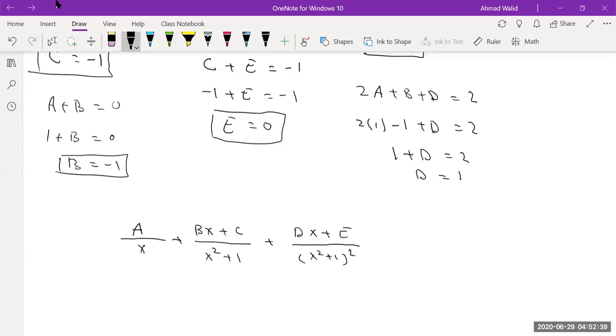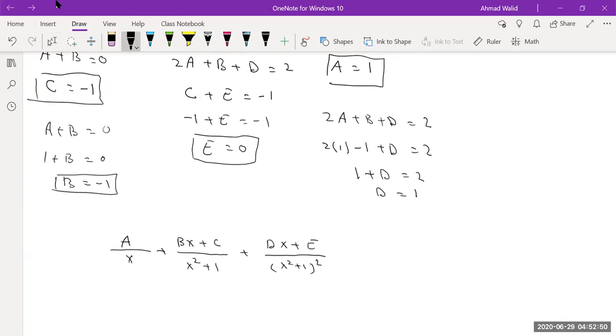Plug in the values of A, B, C, D, E here. How much was your A? Your A was 1. You can write 1 over X plus BX.